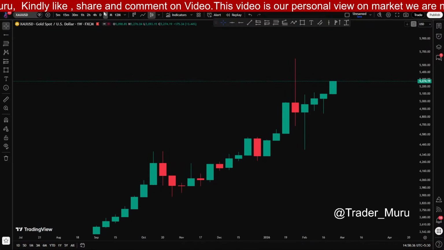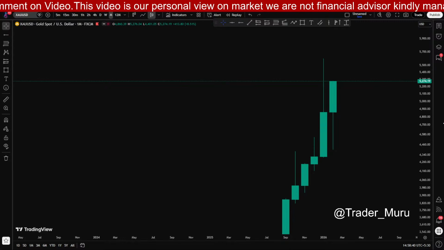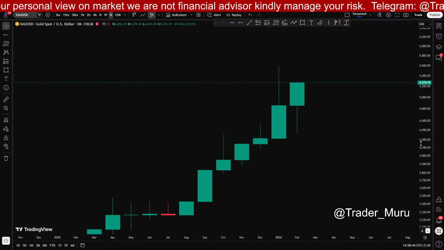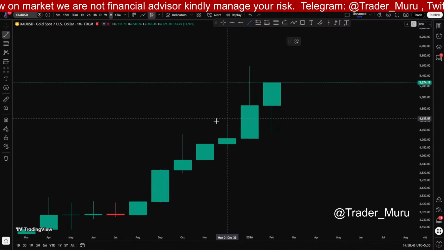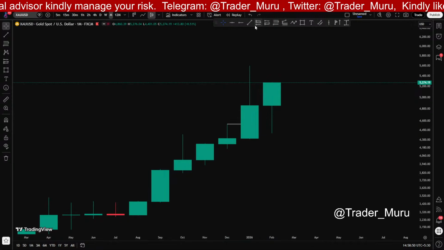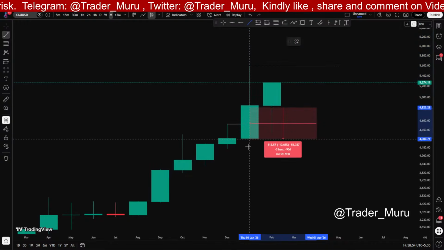Okay, so this is our monthly chart, and in monthly chart we can clearly see this. Our last bullish candle is this one. So this is our trading range.